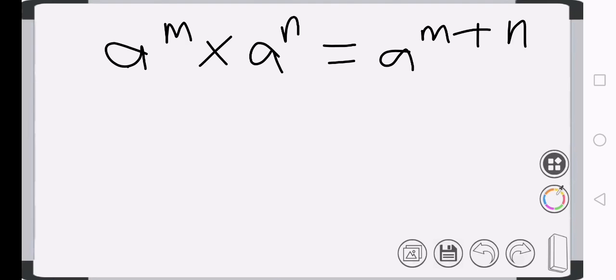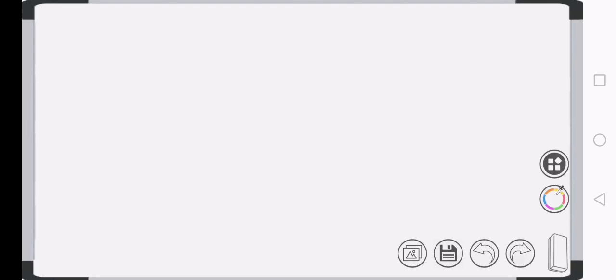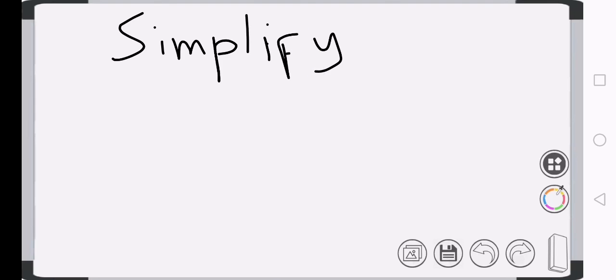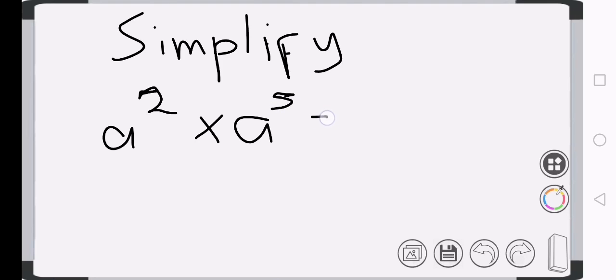Now, how do we handle questions involving this? Say for instance we've got a question like simplify a to the power 2 times a to the power 5. How do you think this will come out? So we're going to use this law, a to the power m times a to the power n. This is how it comes out.